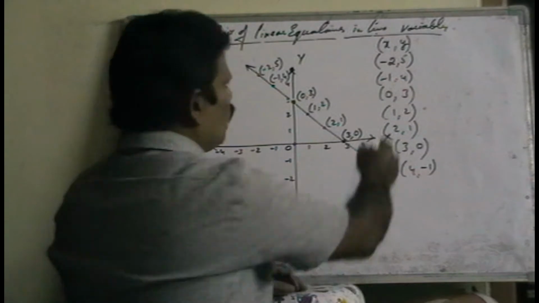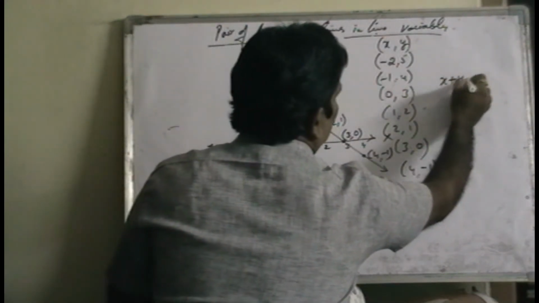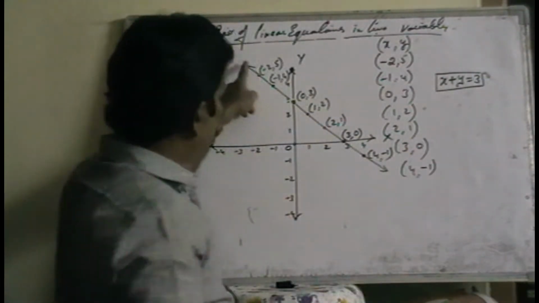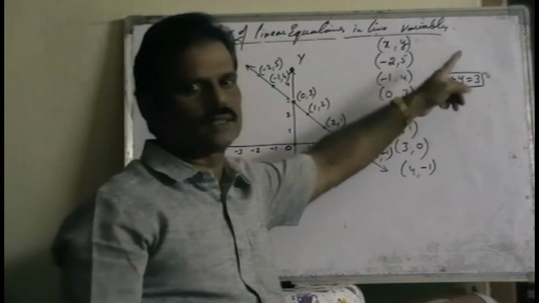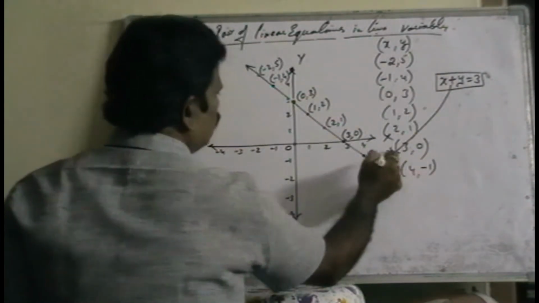That means every point satisfies one condition: the ordered pair x plus y is equal to 3, right? Every point satisfies the condition x plus y equals 3, so that is called the line equation.